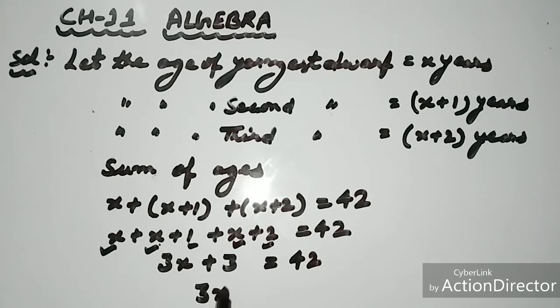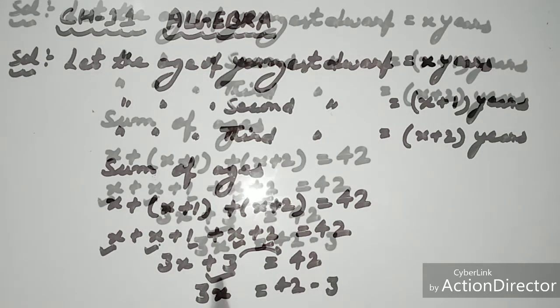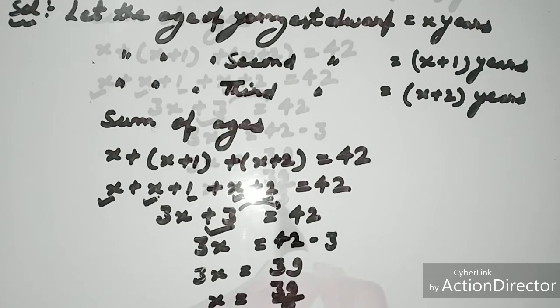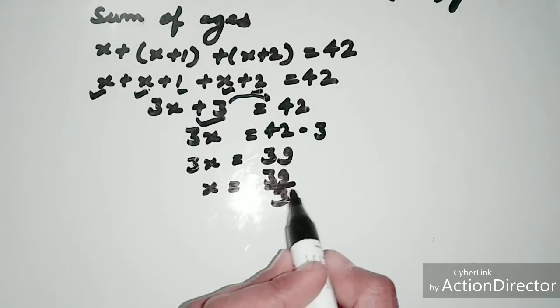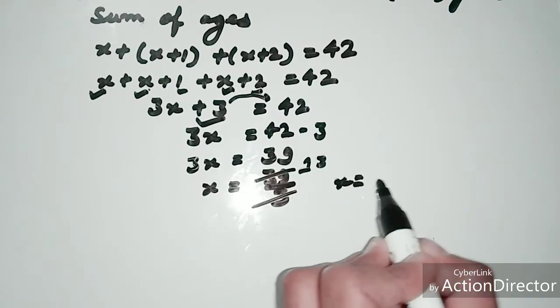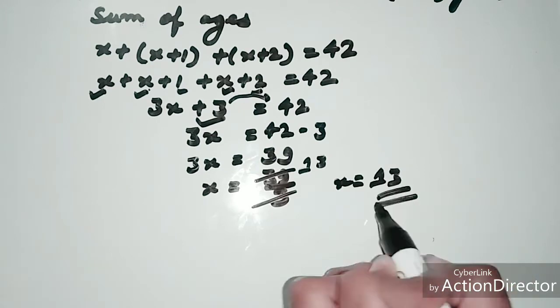Now here we have 3x and here 3 is positive, so when it goes to the other side of the equal sign, the positive symbol changes into negative, 42 minus 3. Now 3x equals 39. Now x equals 39 upon 3. Here 39 divided by 3, 3 ones are 3 and 3 threes are 9. So here we get x equals 13.